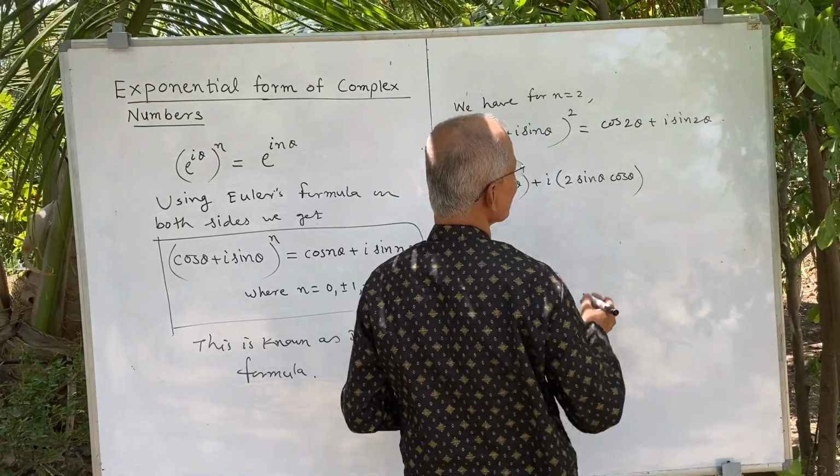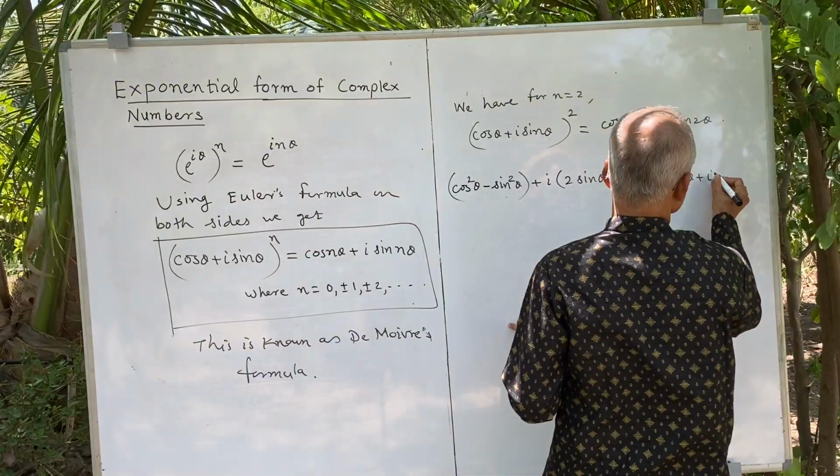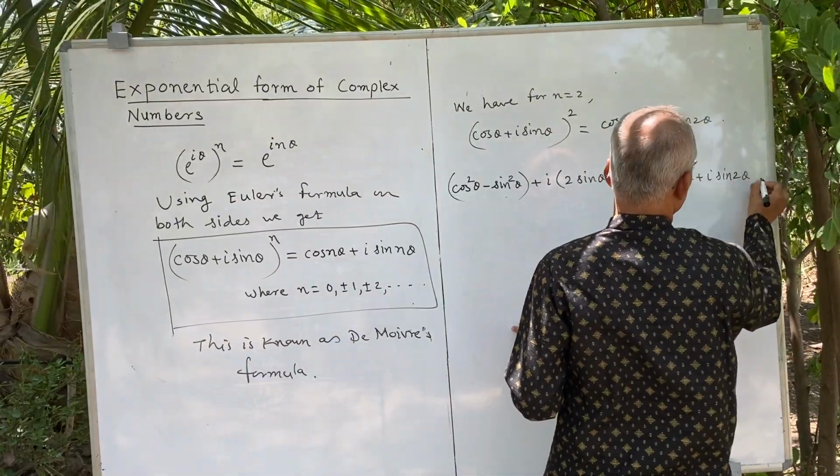And what is the right side? Right side is this same, cos 2 theta plus i sin 2 theta.